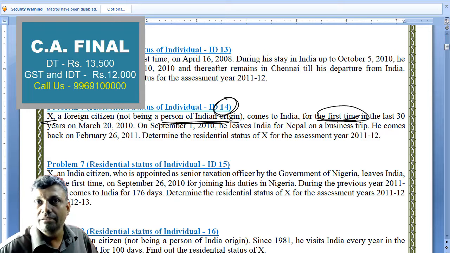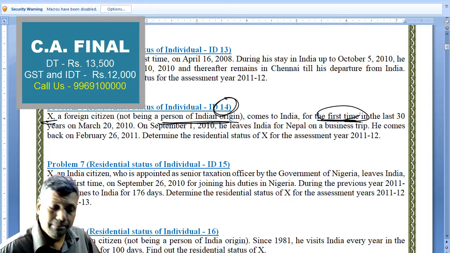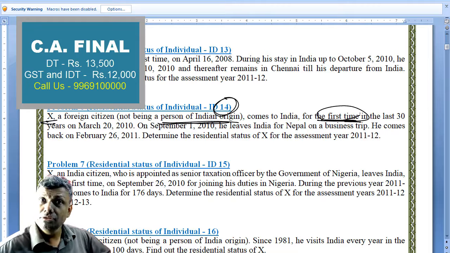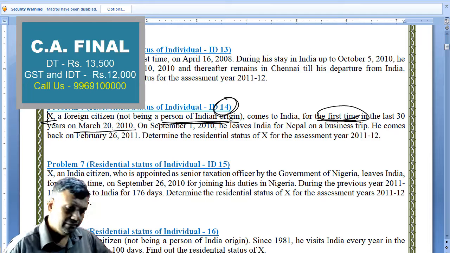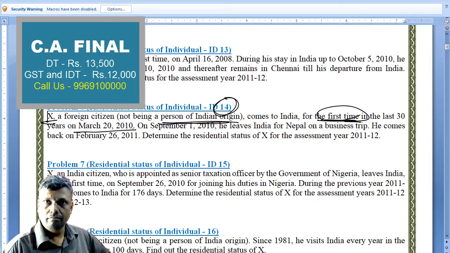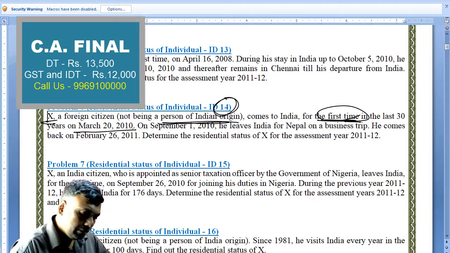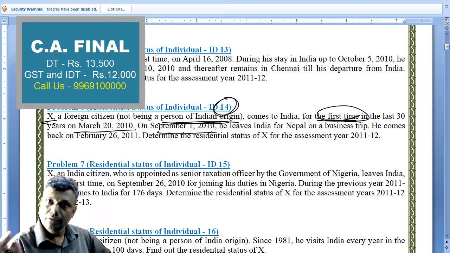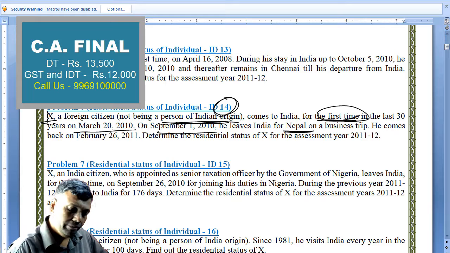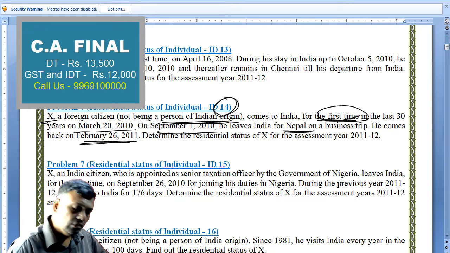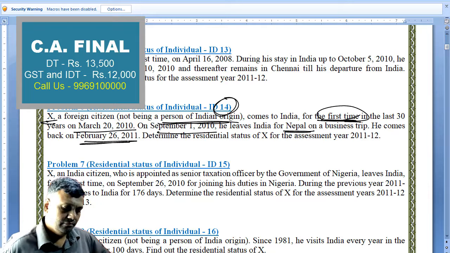So that kind of understanding we should have, because the question has said he is coming to India for the first time in the last 30 years on March 20, 2010. And on September 1, 2010, he leaves India.